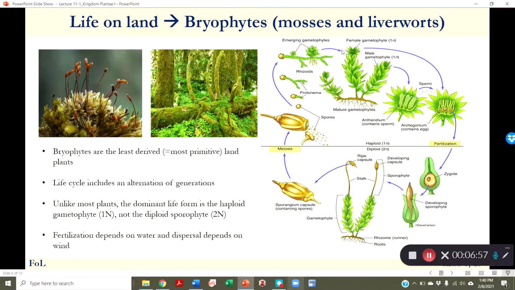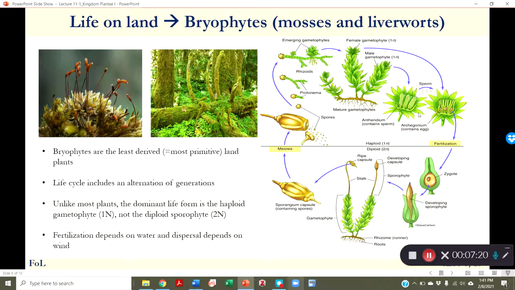And what happens here is you have two separate gametophytes. A female gametophyte that has ovules and a male gametophyte that has sperm. So the female gametophyte is called an archegonium, which literally means egg house.